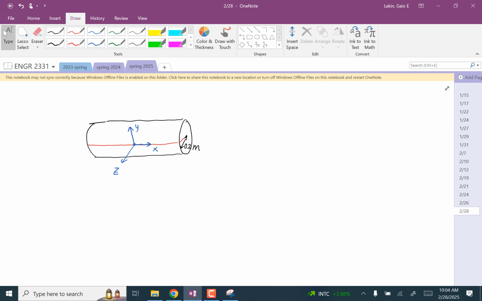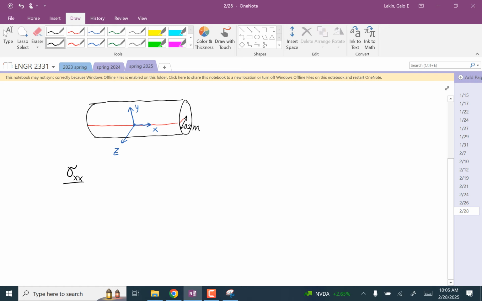And the way this works is, for the X normal stress, let's say we isolate this piece. So we have the material pulling like this, the fluid pushing because it's a pressure.